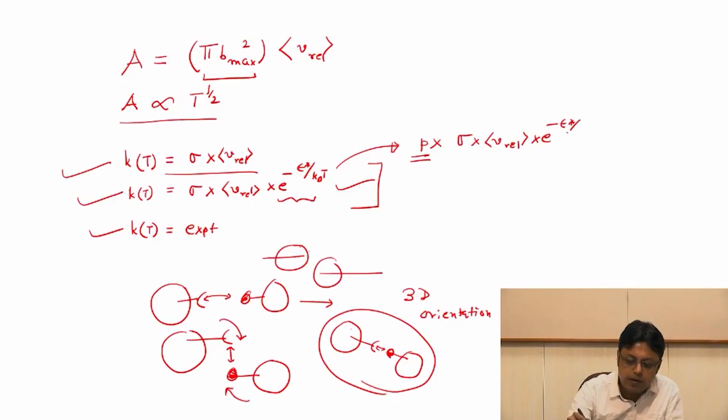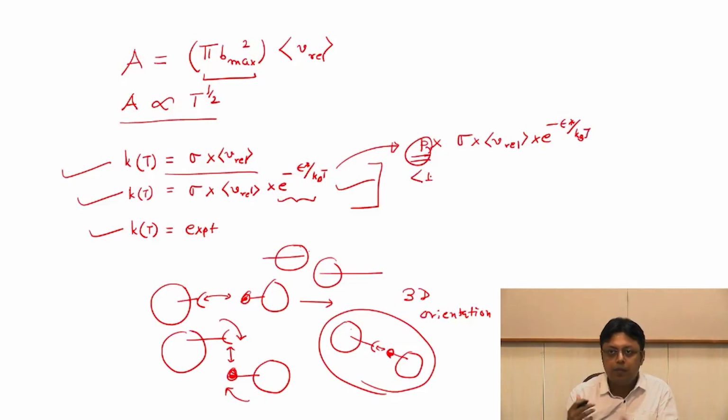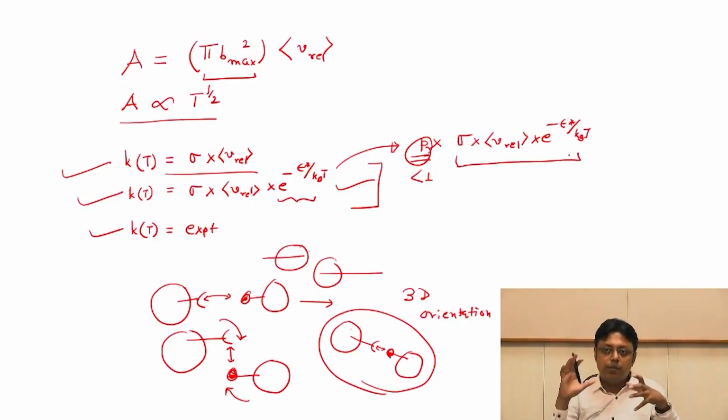And this probability factor will always be less than 1. If these molecules behave like hard spheres, then this probability factor is equal to 1, and the expression we just derived is perfect. But in reality, molecules have a particular shape, and the reactive ends have to come closer together through a proper orientation. Then the rate constant which you are calculating is giving you an upper limit. So the actual rate constant will be slightly lower.